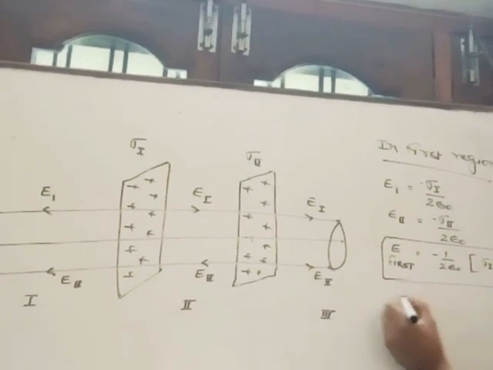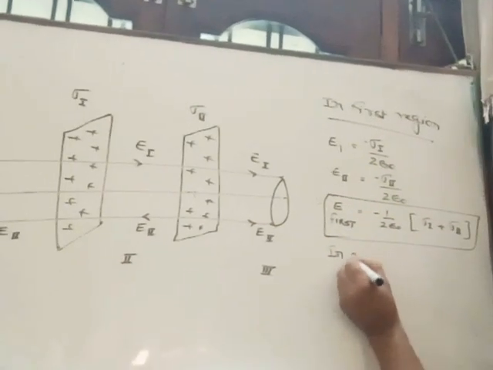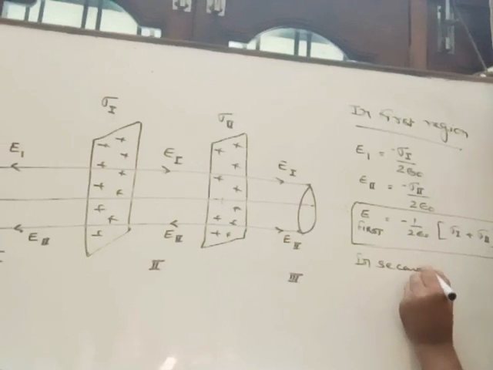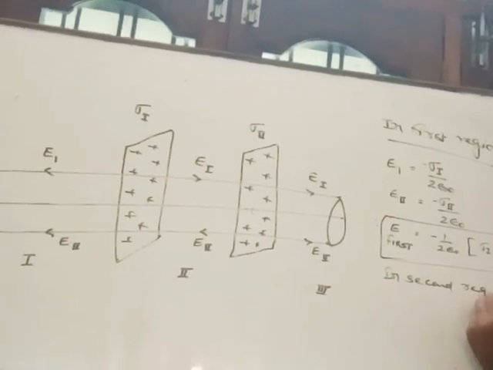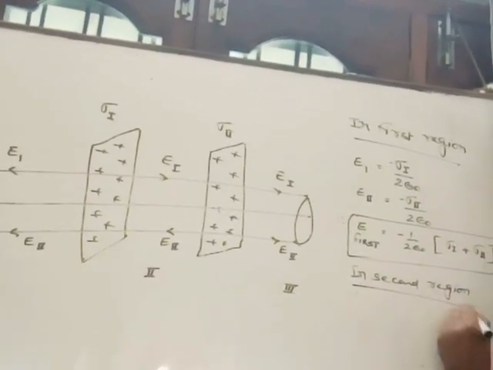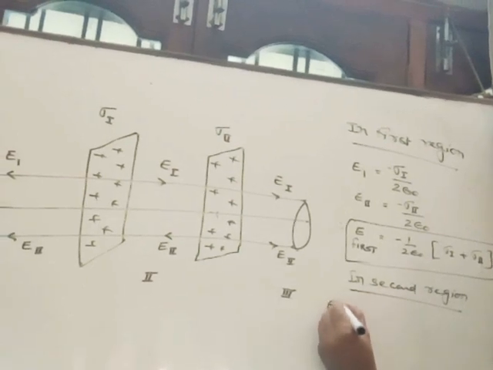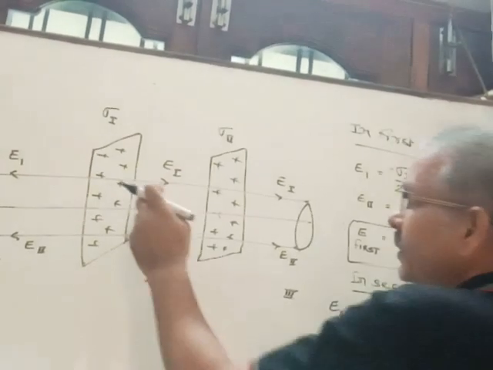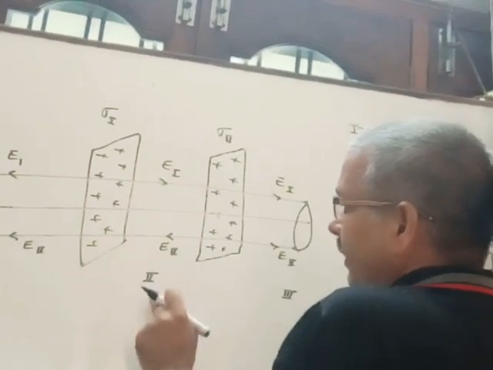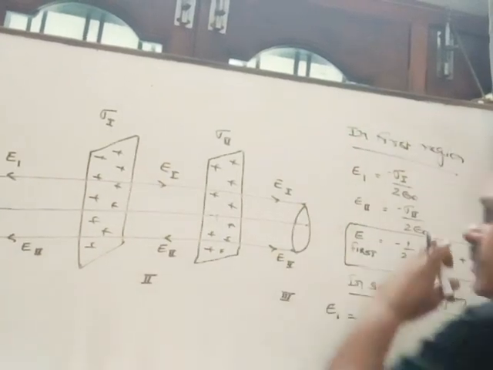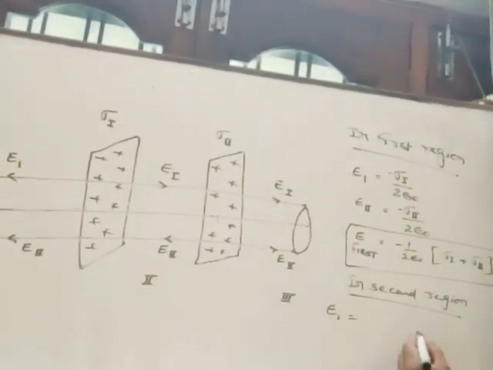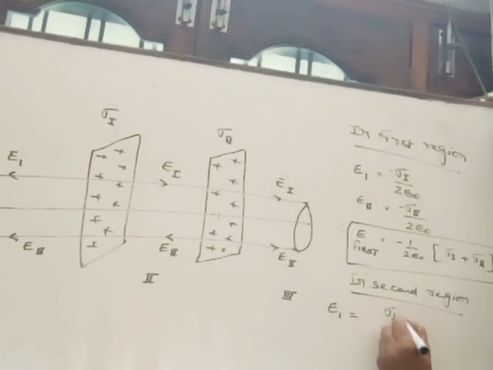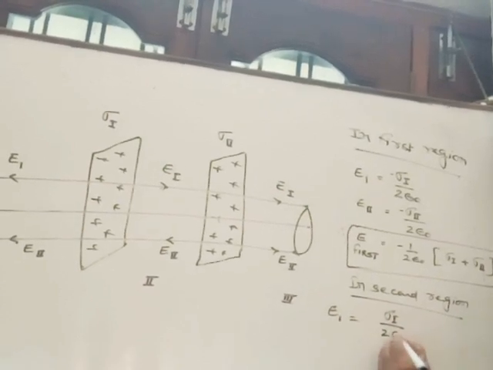Now in the second region, the electric field intensity produced by the first sheet: for the first sheet, the second region is present along the x positive axis, right of the first sheet. So it is sigma first by 2 epsilon 0.